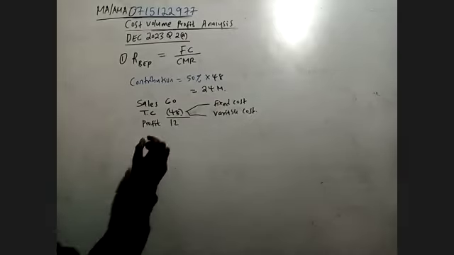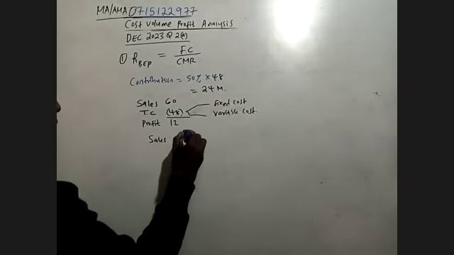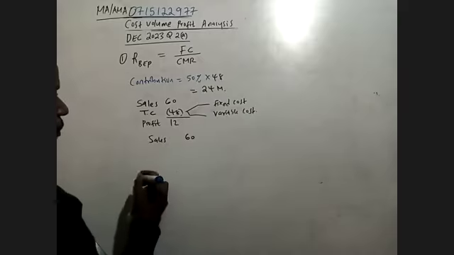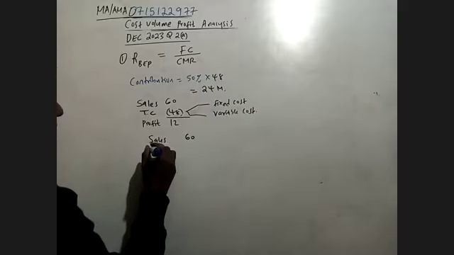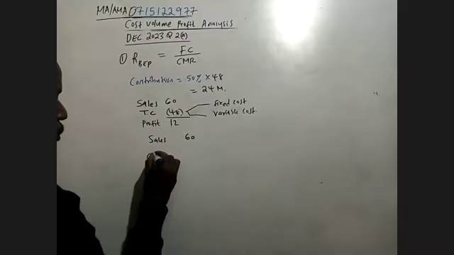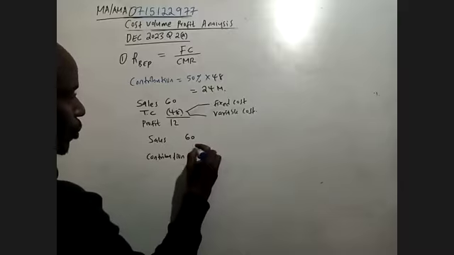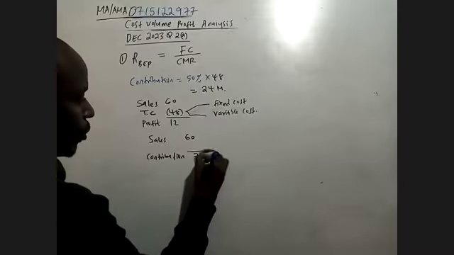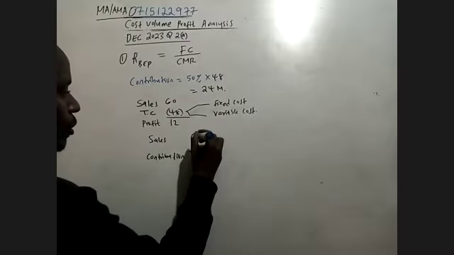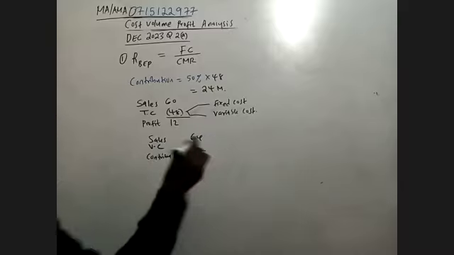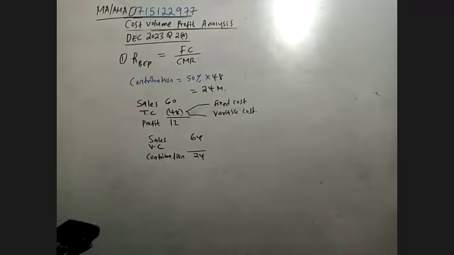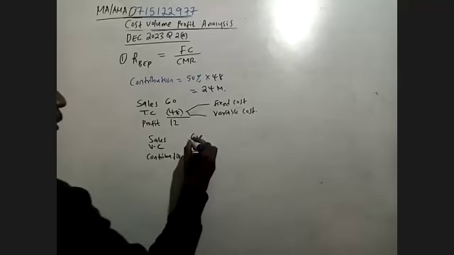So that means taking sales as 60, we know our contribution is 24. Now what will be our variable cost? Which item will we minus? So 64 minus 24. So 40.